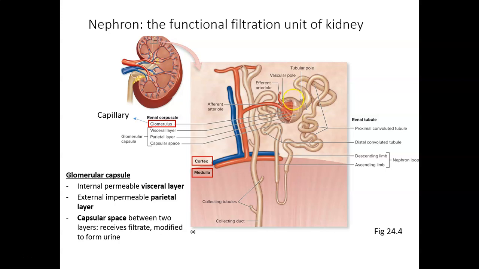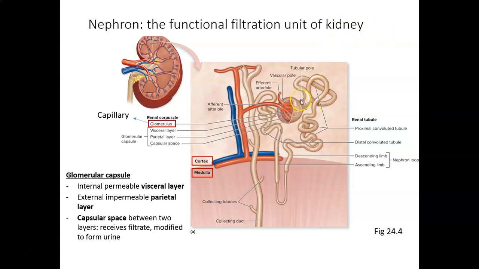So the glove is the glomerular capsule, the baseball glove, right? Your right hand is the tubular pole.